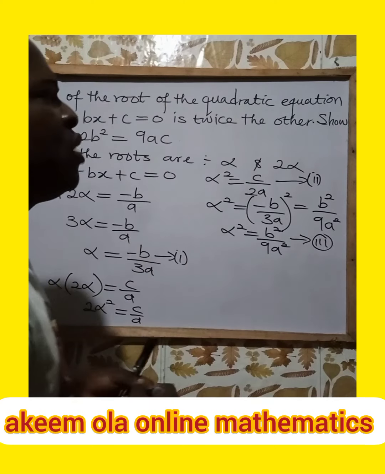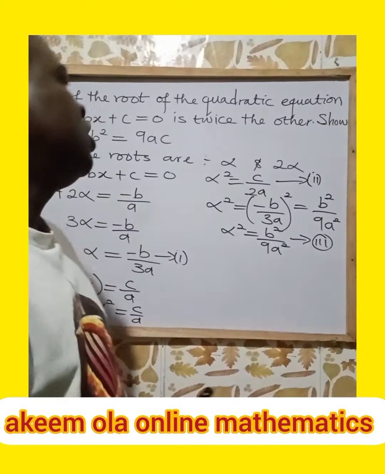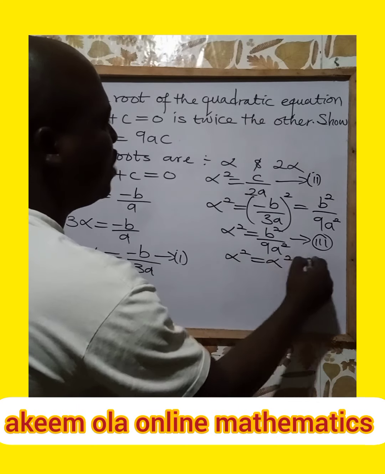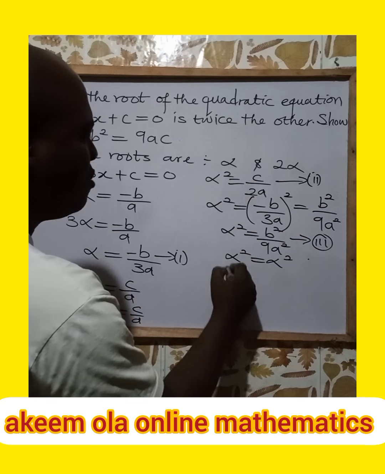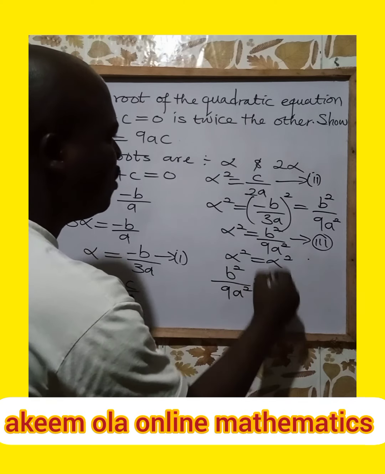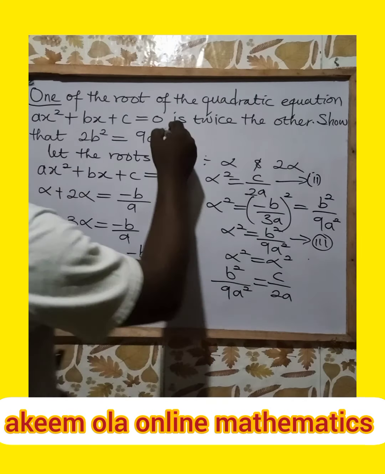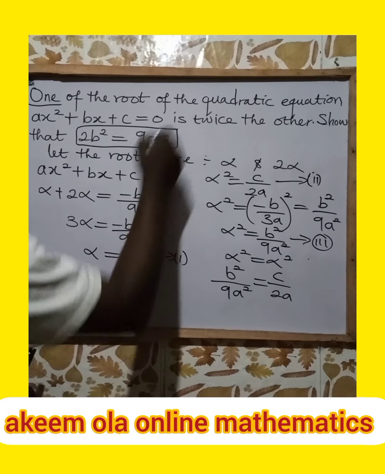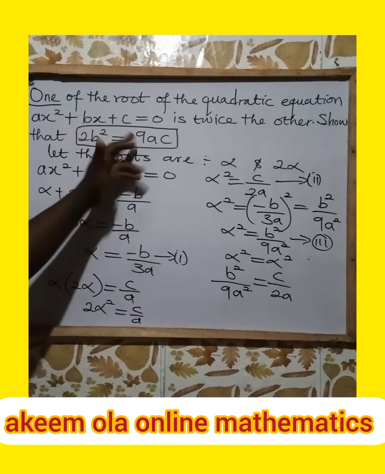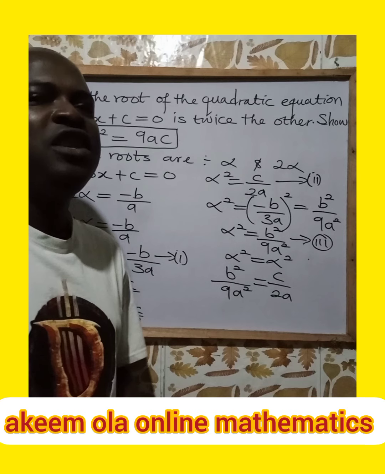I can now equate equation 2 and equation 3 together. If I equate the two of them, that means alpha squared is equal to alpha squared. That means I will now have b squared all over 9a squared is equal to c all over 2a. You will observe that this is close to what we are asked to prove. Going by what we are asked to prove, there is a 9 and there is a 2, and from here too, I can see a 9 and a 2.